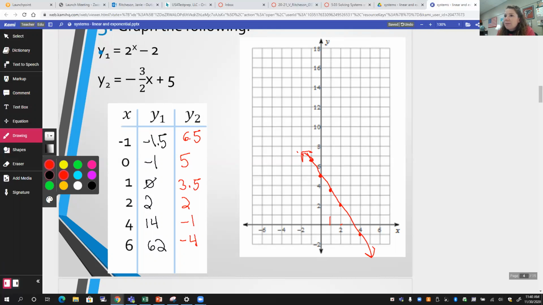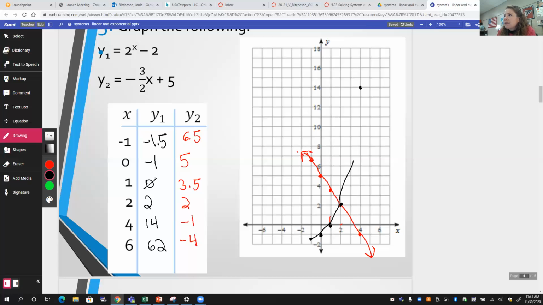All right, I'm going to turn on the black ink. So then we have left 1, down 1.5, 0, -1, 1, 0, 2, 2, 4, 14, and then we have that big exponential increase.